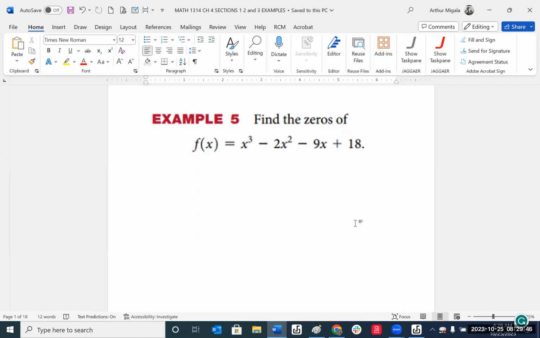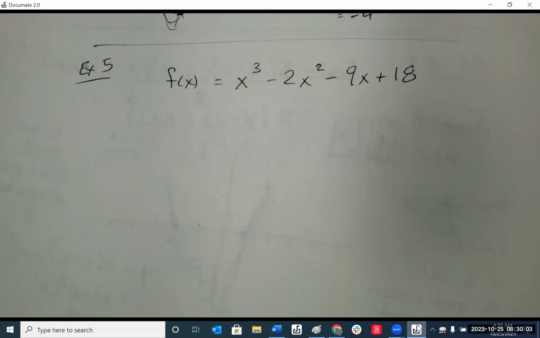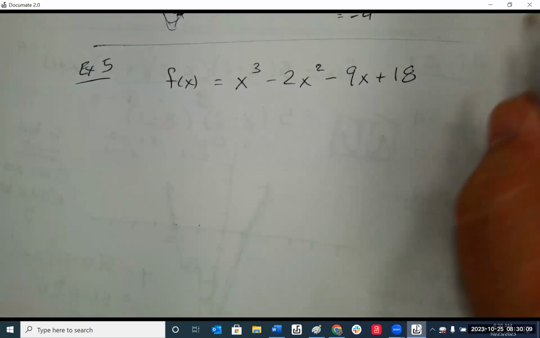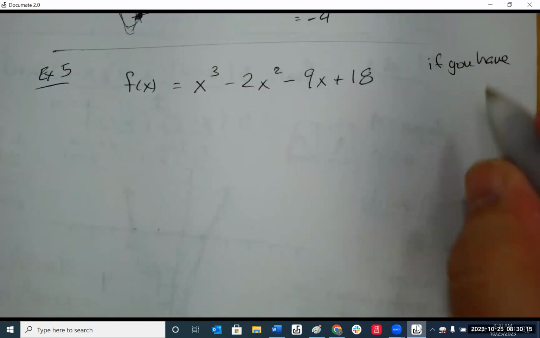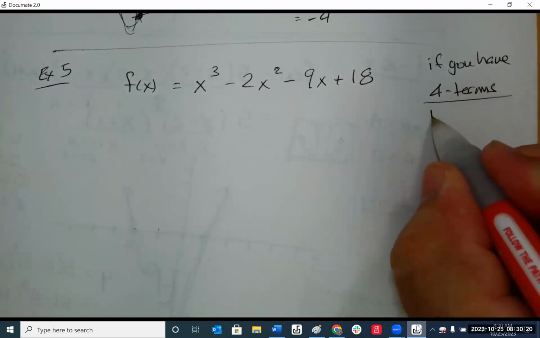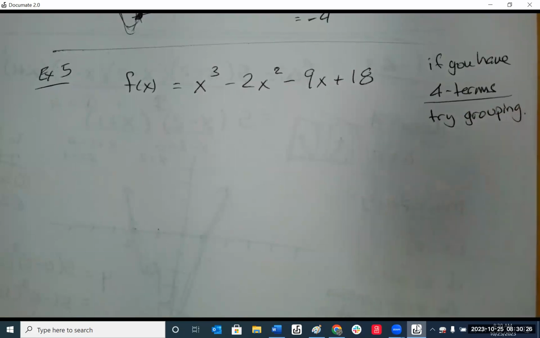Now begins our trudge through finding those numbers ourselves, our factors ourselves. Whenever you have 4 terms, the first thing you want to try is grouping.